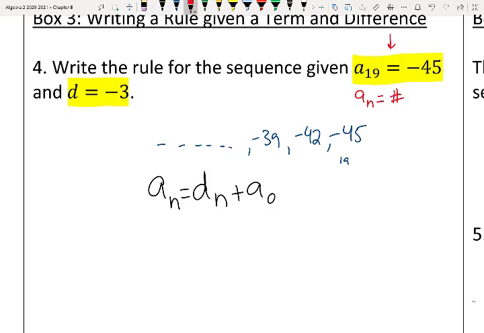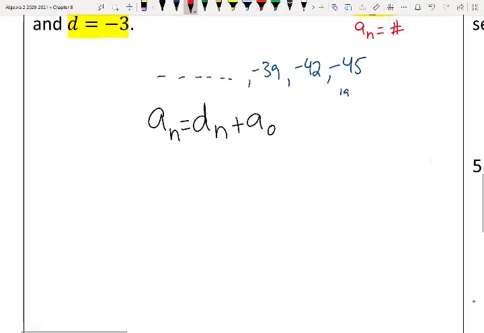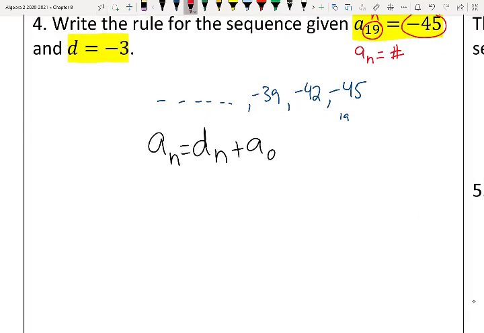So what I can do here, my negative 45 is a sub n, my 19 has to be that n value. So what I'm going to do is substitute those 3 things into my equation and be able to solve for a sub 0. So when I do that, my a sub n, the actual term, is negative 45. My common difference was negative 3. It was the 19th term, so that's my n value, plus a sub 0.